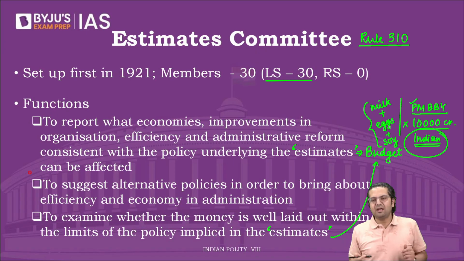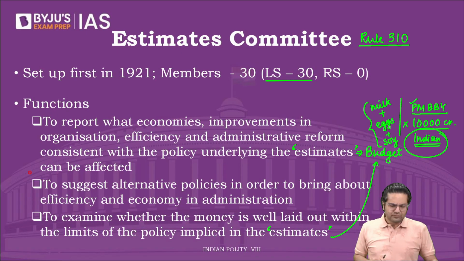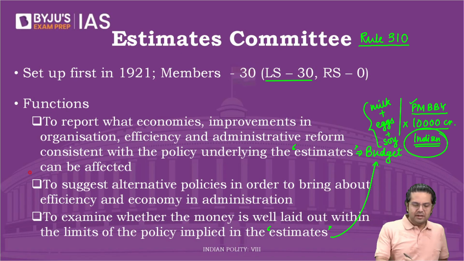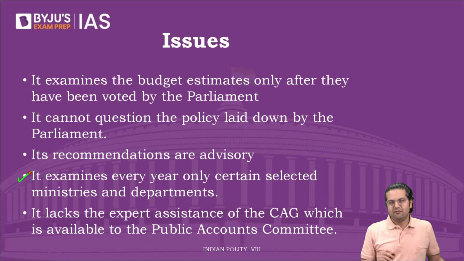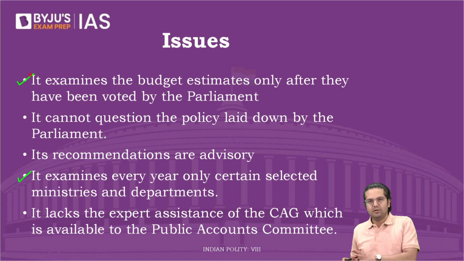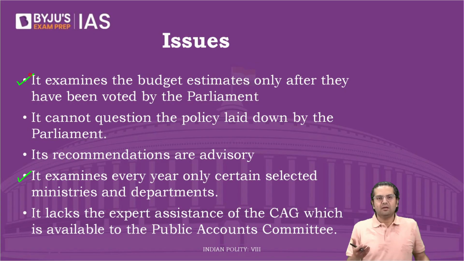So how are they getting time? That's a challenge. Beyond that, it has no control over the budget. When the budget has been approved, only then does this committee get to see the budget and then can give recommendations on how to spend money. So I have no say in whether you should purchase jeans or maybe just some kind of chinos. That's something you have decided on your own. Now all I can do is suggest to you which company or which brand of jeans to buy.